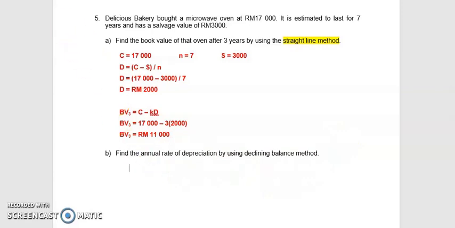Now look at B. Find the annual rate of depreciation by using the declining balance method. So we want to know the rate every year using the declining balance method.